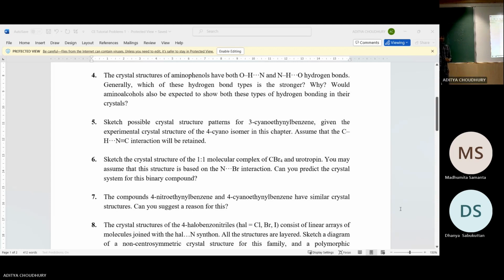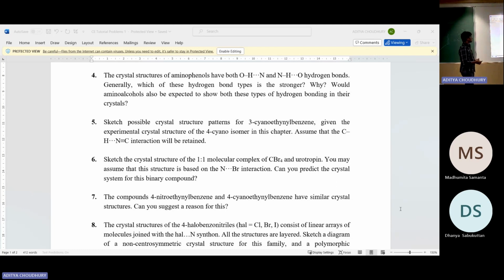Is that right? Right. Now you have to crystallize it 1:1. It's a crystal structure of the 1:1 complex of CBr4 and urotropine. You may assume that the structure is based on N and bromine interactions.